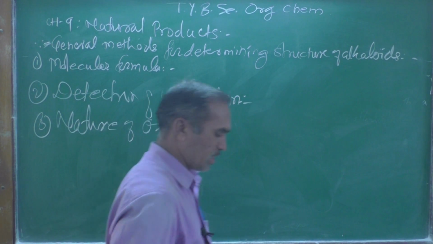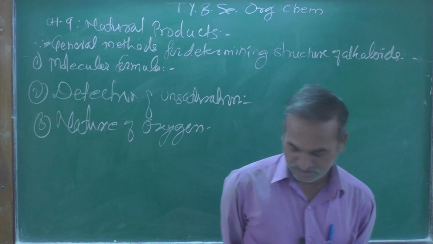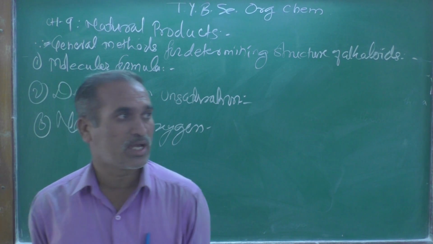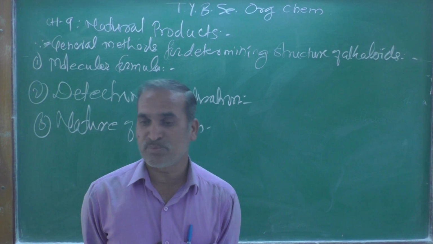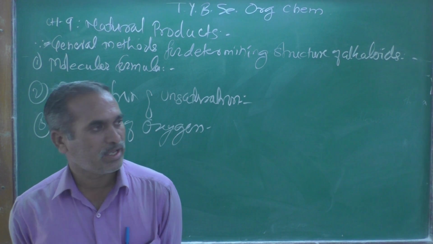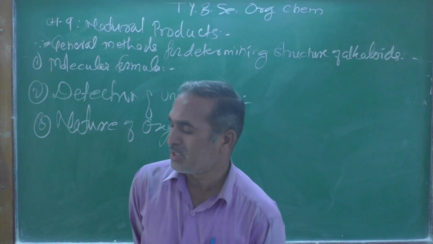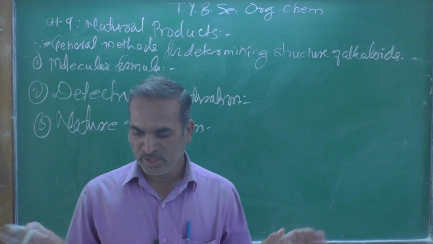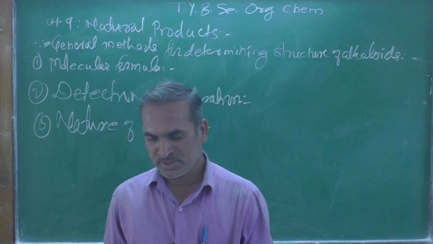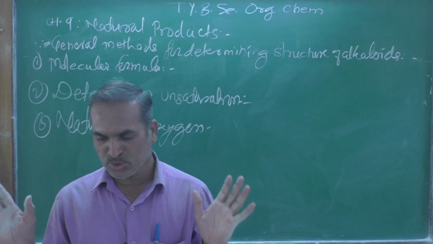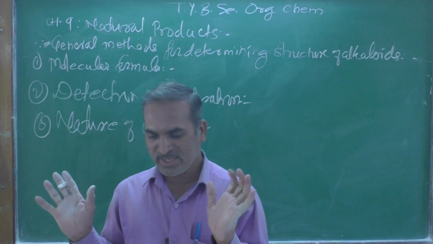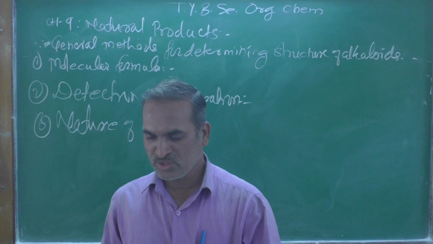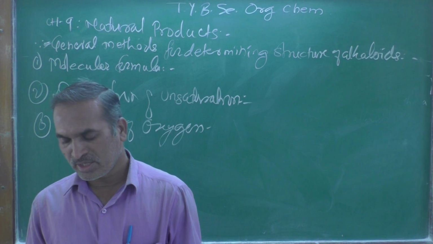If you look at the alkaloids, oxygen atoms are present, and as we know, oxygen may be involved in the following functional groups: hydroxy, carbonyl, carboxylic, ester, amide, ketone, lactone, lactam, methoxy, methylenedioxy group, which can be detected as follows.